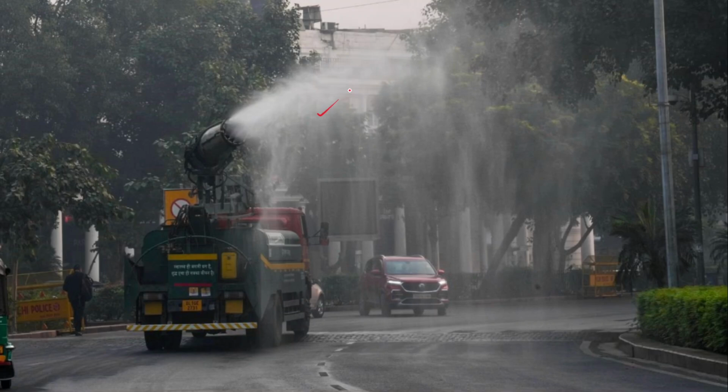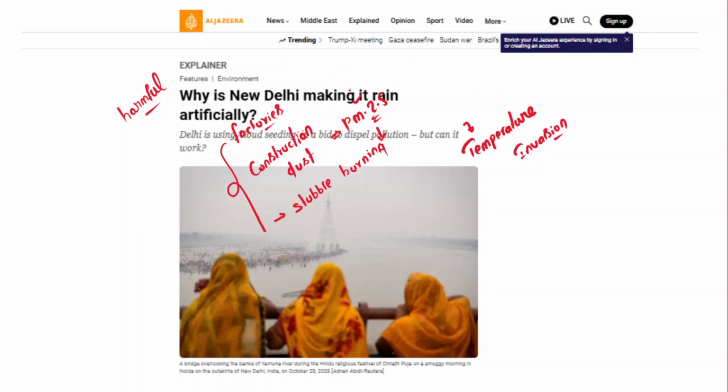This mix of airborne particles could easily damage lungs, and prolonged exposure to it can cause heart and lung diseases, respiratory infections, and adverse birth outcomes as well.